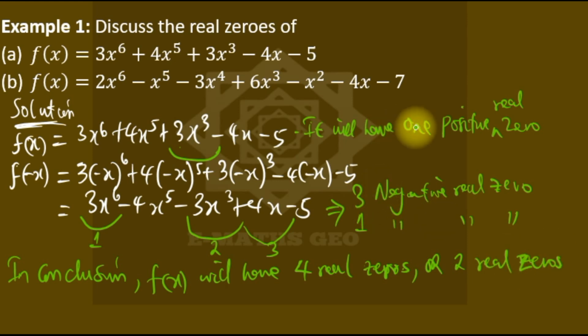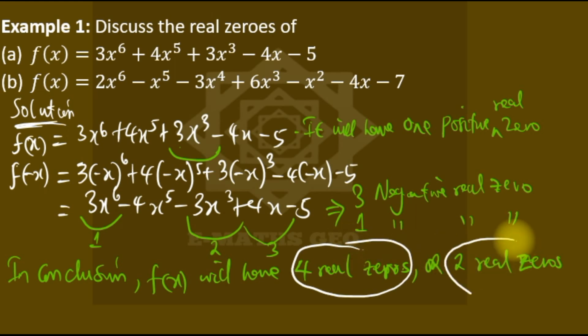Yes, 2, in the sense that if you have one positive and one negative, the total is 2. If you have 4 real zeros, the other 2 will be complex zeros, or if you have 2 real zeros, the other 4 will be complex roots. So we have either 4 real zeros or 2 real zeros. That's what we are saying.